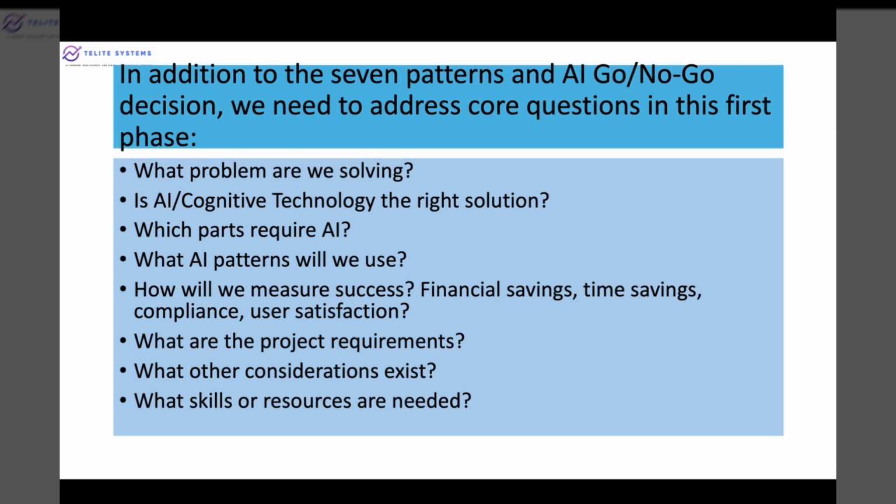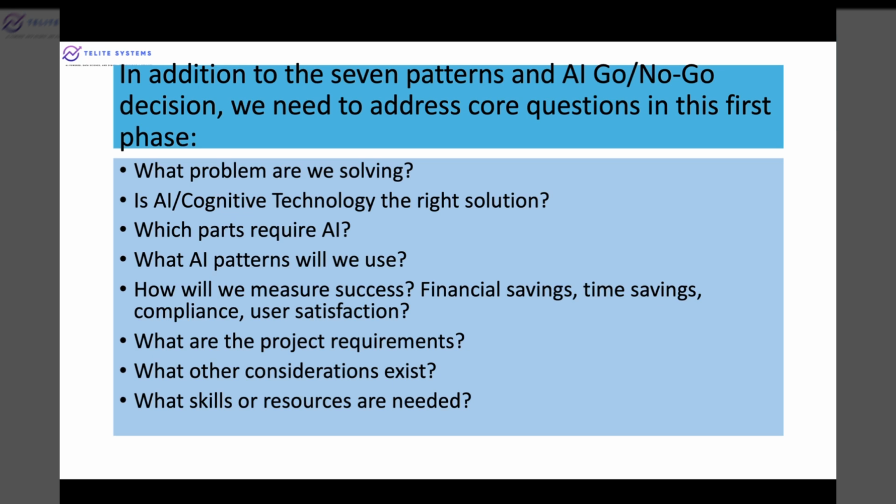Then, in addition to the seven patterns and the go or no-go decisions, we need to address the core questions in this first phase. What problem are we solving? Is AI or cognitive technology the right solution?